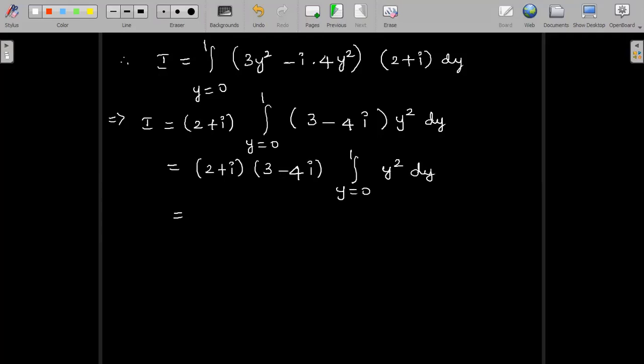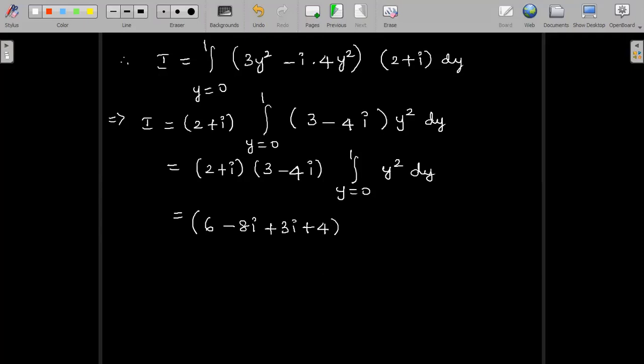Meanwhile, I will multiply these two, in the a plus ib into c plus id form. So let us multiply 2 into 3, 6, minus 8i plus 3i. Then i into i square is minus 1, minus of minus is plus 4. Check out with the constants.